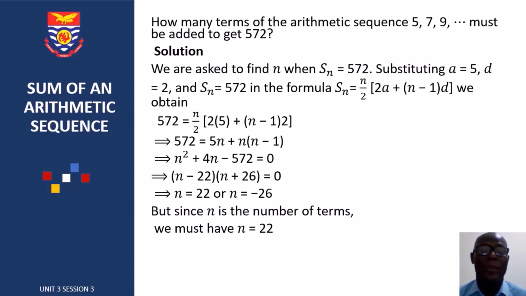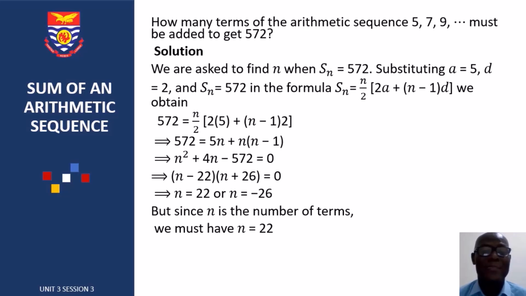So we have to find two factors of 572 so that when we multiply, we have negative 572, and when we add, we have 4. And these factors are 26 and negative 22.